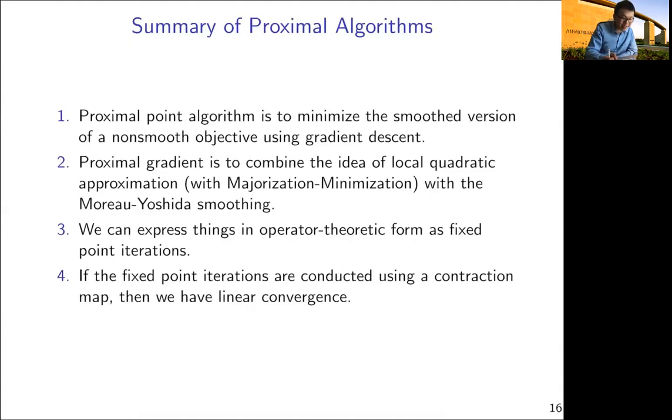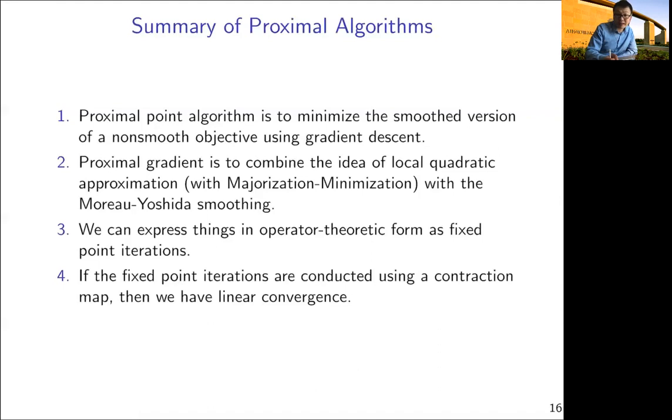The proximal gradient can be thought of as combining the idea of local quadratic approximation, invoking the majorization minimization framework, and the smoothing that's coming from the Moreau envelope. And that gives us exactly the proximal gradient algorithm.